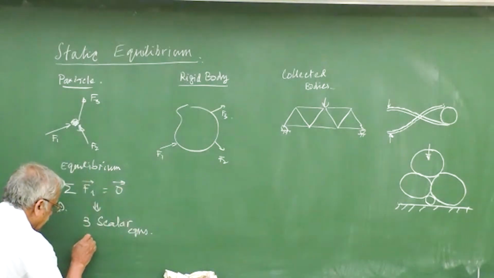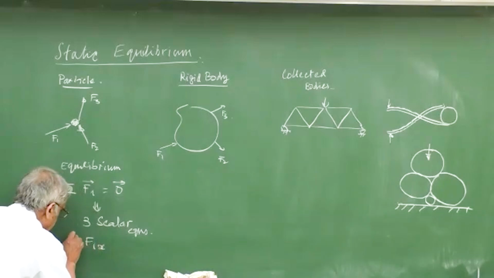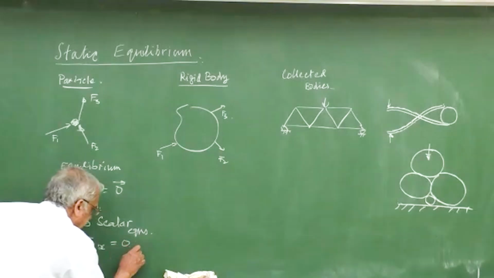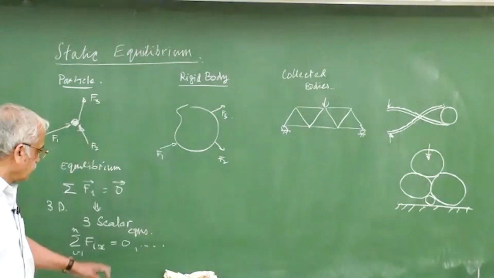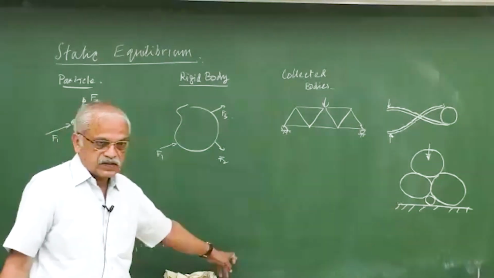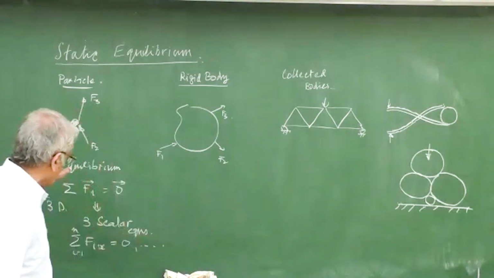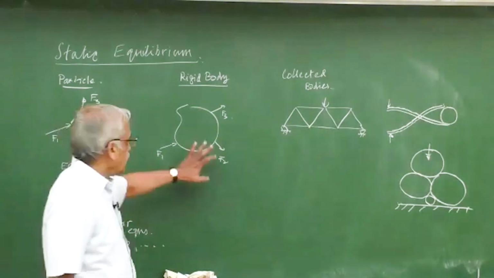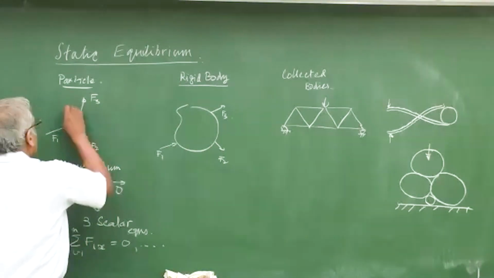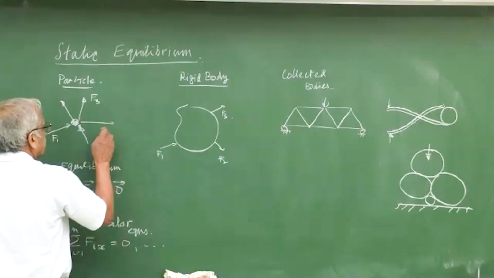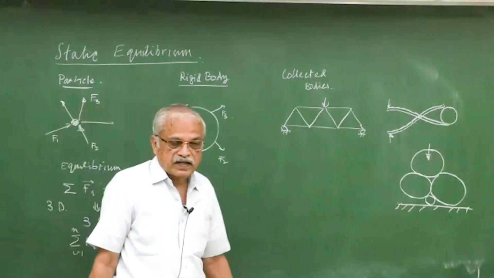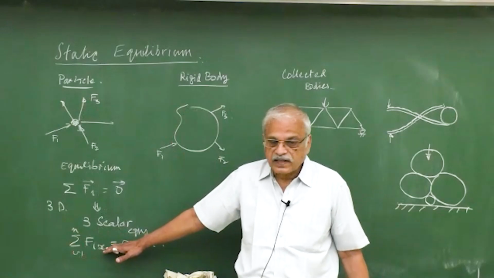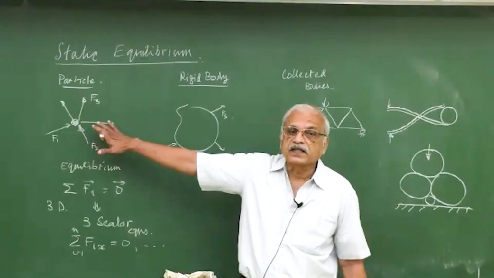In the sense that you can write summation of Fix is equal to 0, i going from 1 to n, and the other two: summation of Fiy is 0, summation of Fiz is 0. So that means we have three scalar equations. In this particular problem, if you have a number of forces like this one, maybe 5, 10, anything like that, since you have three scalar equations, it is possible to solve for three unknowns.